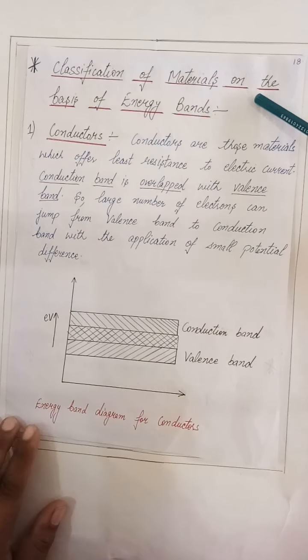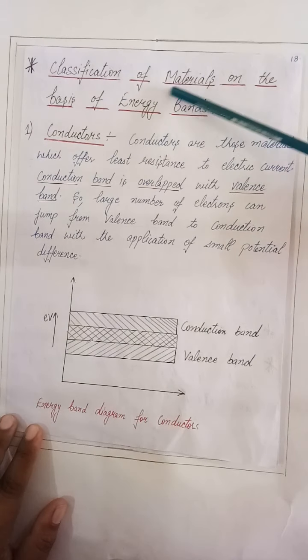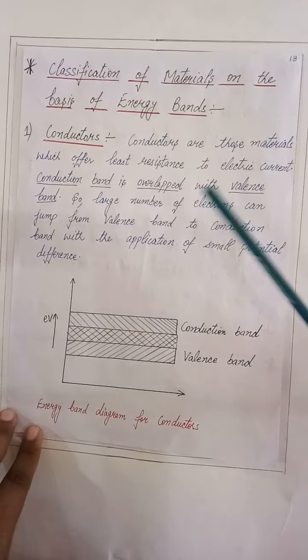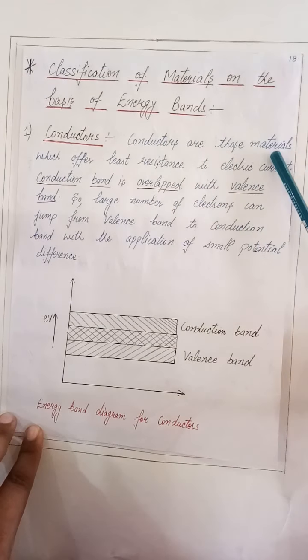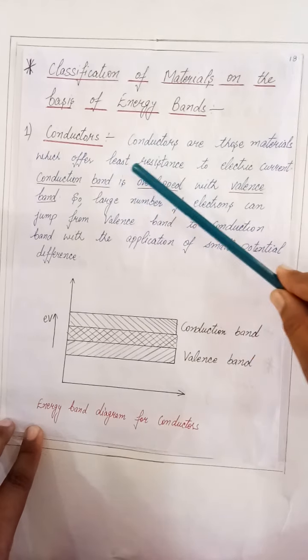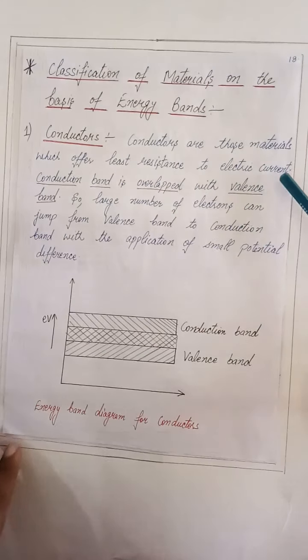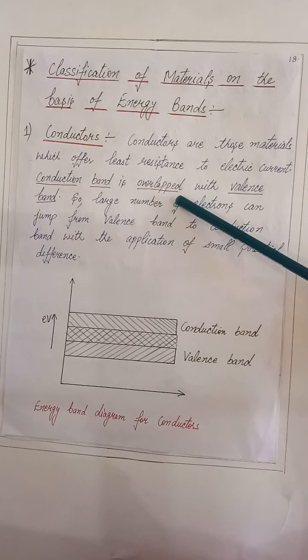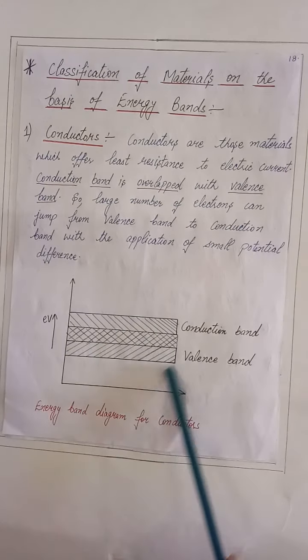Now the classification of materials on the basis of energy bands. First is the conductors. Conductors are those materials which offer least resistance to electric current. Conduction band is overlapped with valence band.